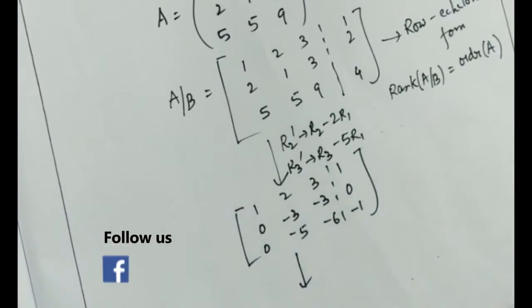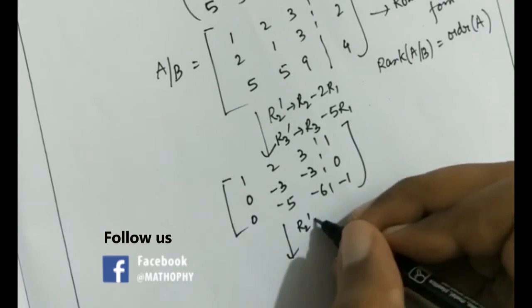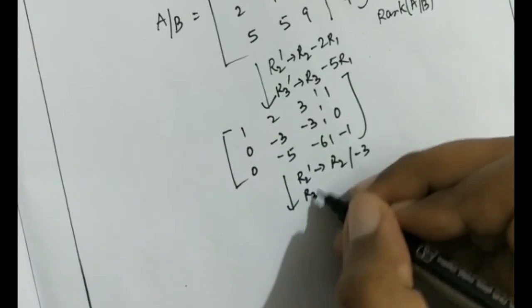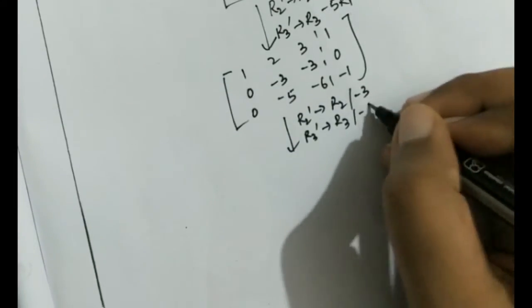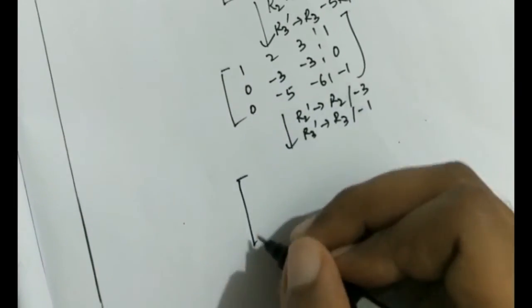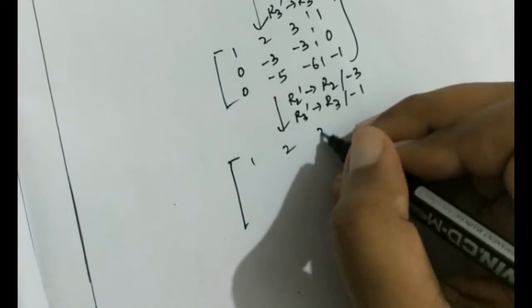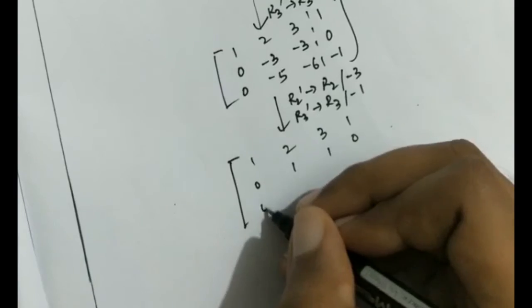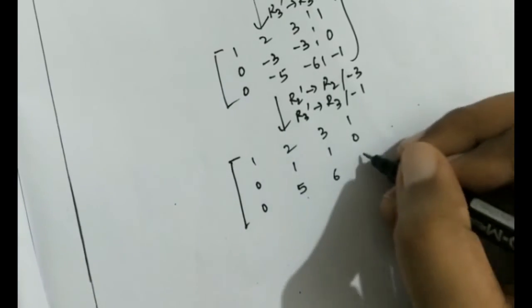The next transformation that I am going to do is R2 prime equal to R2 divided by minus 3 and R3 prime equal to R3 divided by minus 1. So the matrix will be 1, 2, 3, 1, 0, 1, 1, 0, 0, 5, 6, 1.